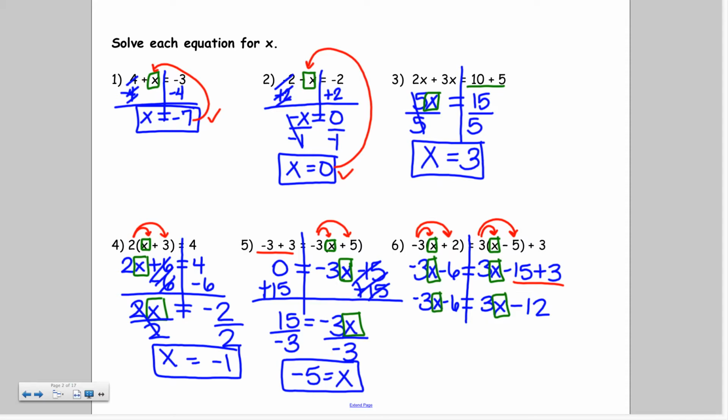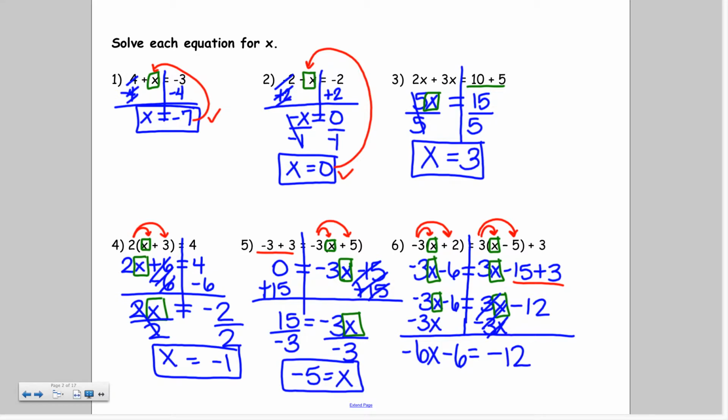I want to get both of those x's together, so I'm going to subtract 3x on both sides. Now be careful here because this is where people will get messed up. Negative 3 minus 3 is the same sign, so I'm going to add them. So that's a negative 6x. Minus 6 is equal to 3x minus 3x is 0, negative 12.